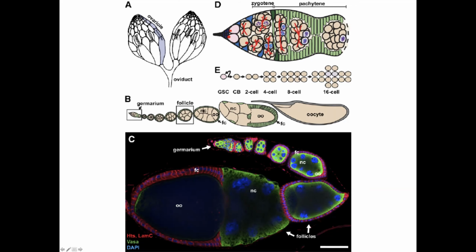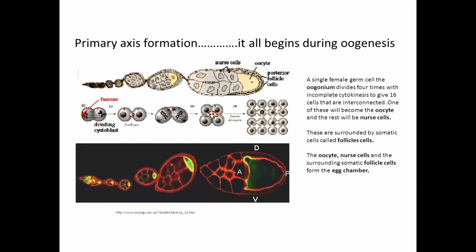Okay, so now the thing that the entire system has to be able to do is also define the anterior, posterior, dorsal, ventral axis. Now this is where things get very interesting, because the nurse cells will deposit what they have to.